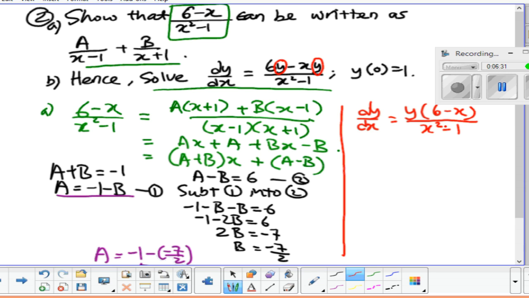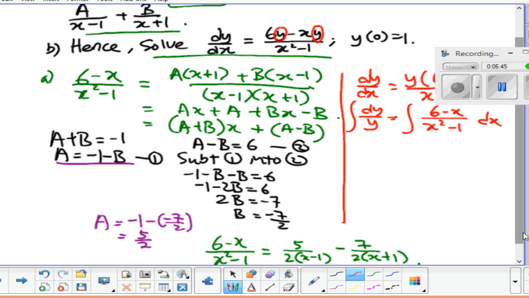Therefore, we can see that we can separate the variables: integrate dy over y equal to integrate (6 minus x) over (x squared minus 1) dx. And by using these two fractions at the bottom here, here is natural log of y. Over here is integrate 5 over 2(x minus 1) minus 7 over 2(x plus 1) dx.